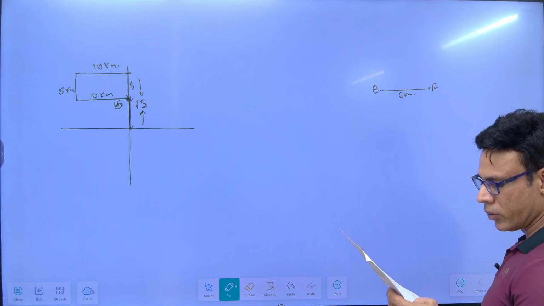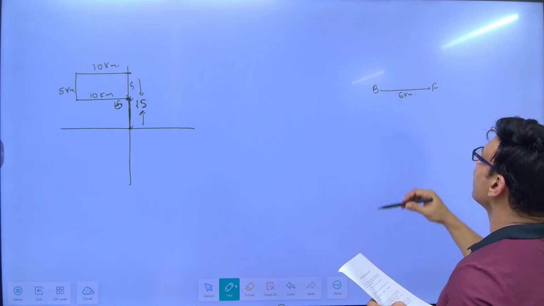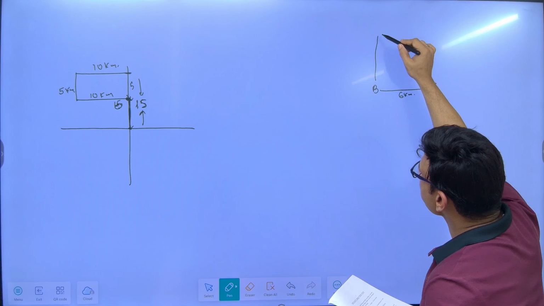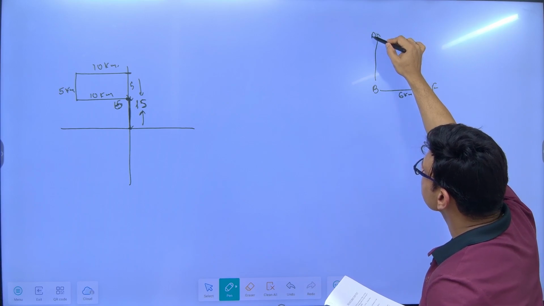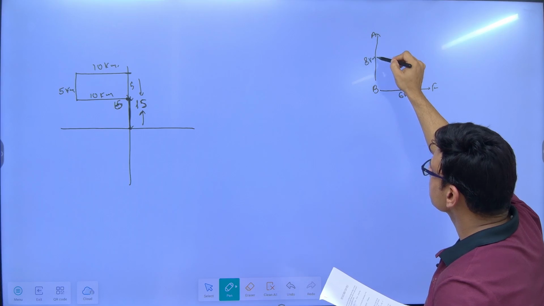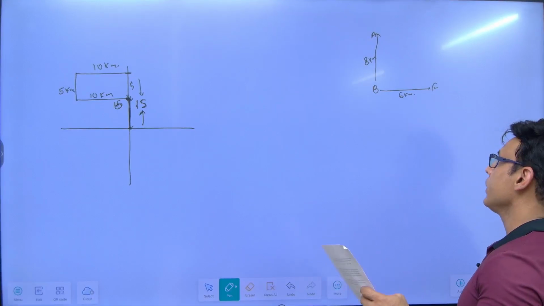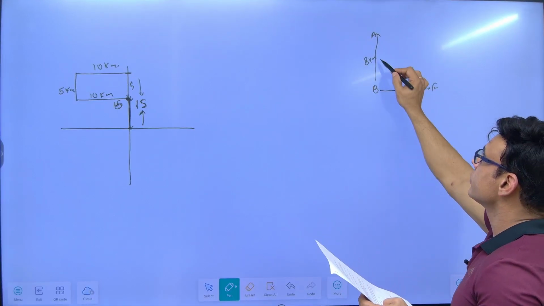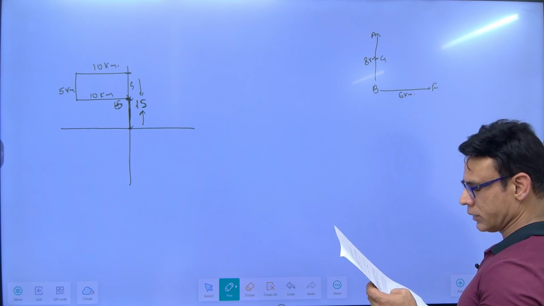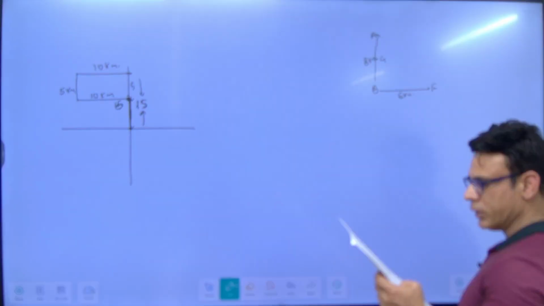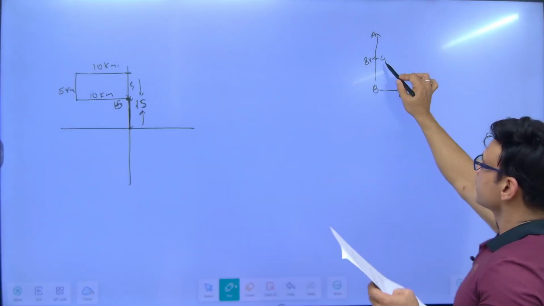A is 8 kilometers to the north of B. G is exactly midway between A and B. G is somewhere here, exactly midway. And C is 10 kilometers to the south of G.